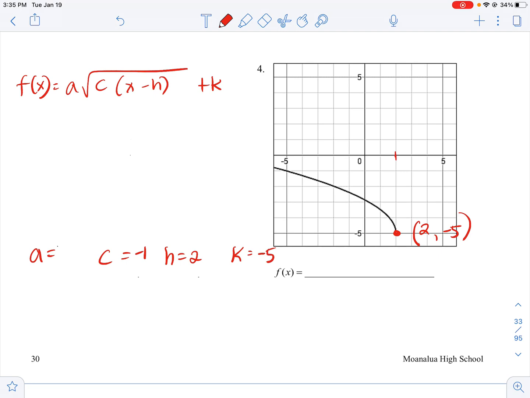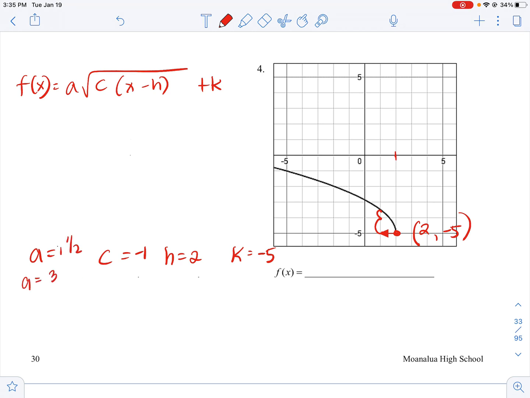And our a is, you're going 1 to the left, and then count how many times you have to go up till you reach the graph. So that is 1.5, right? 1 and 1/2.